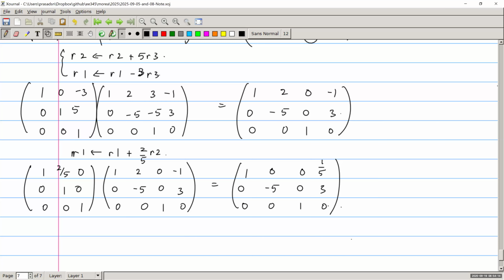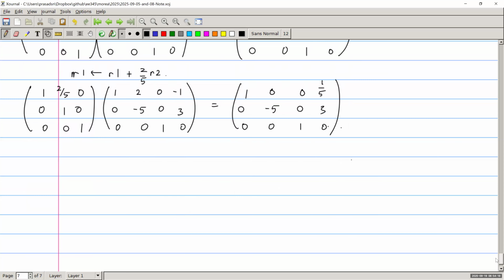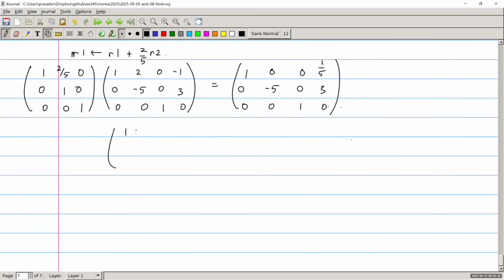So what row operation does that? I want 1, 0, and negative 1 fifth, right? So minus 3 fifth.